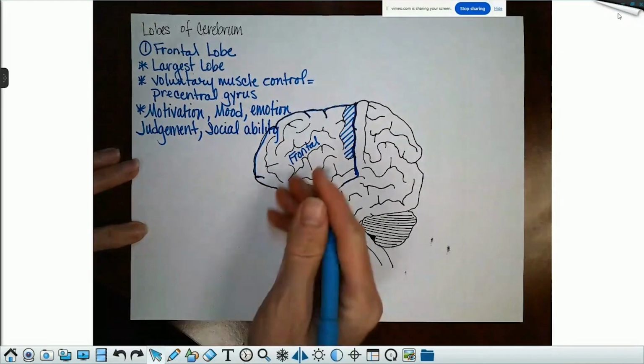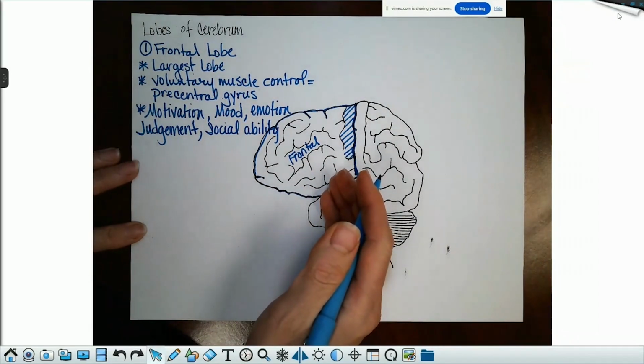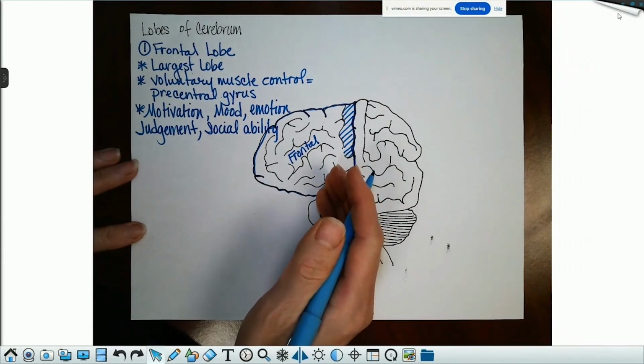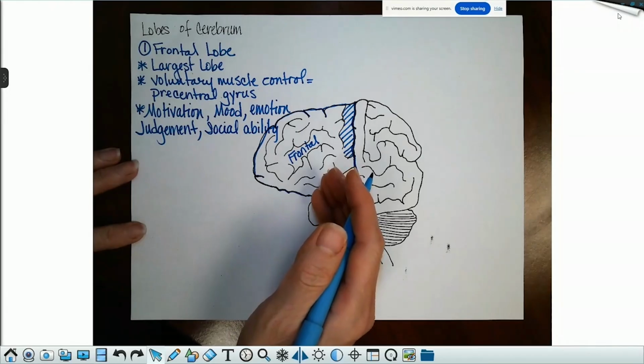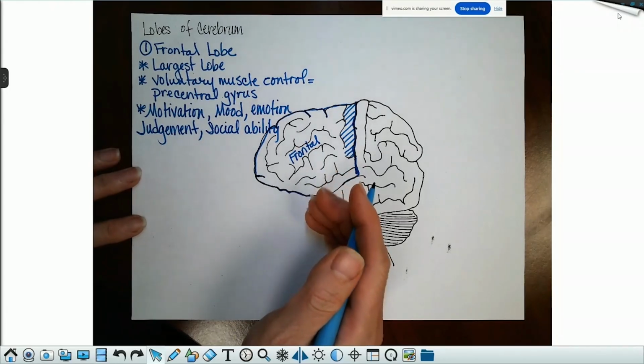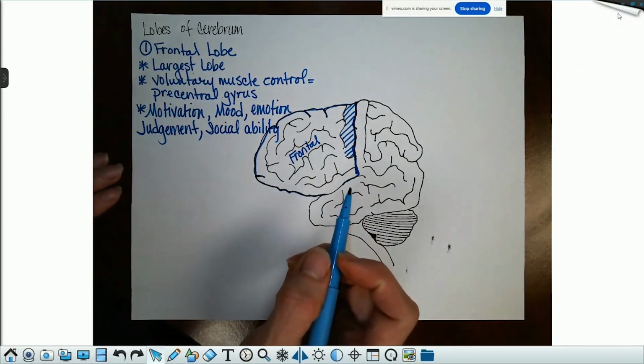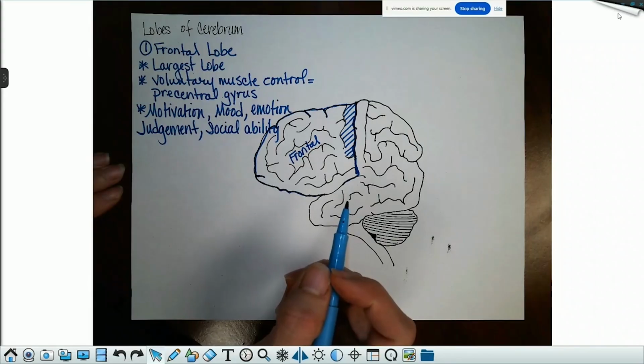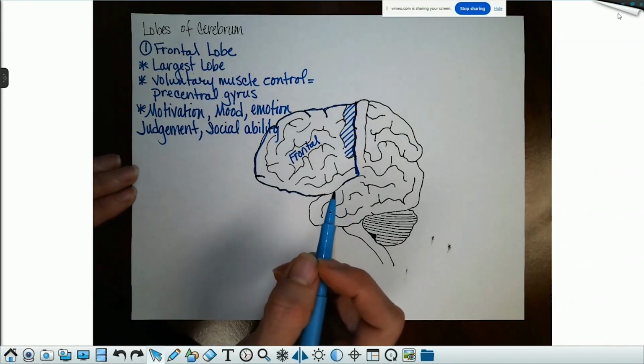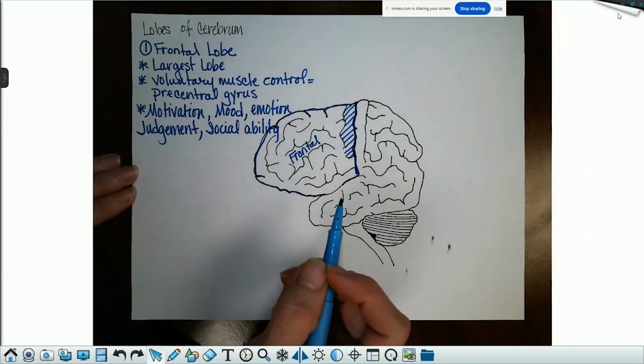The right side of the brain develops first in utero. And during childhood, especially during those first 2 years of life, the right side of your brain is very concerned with making connections, so attachments.